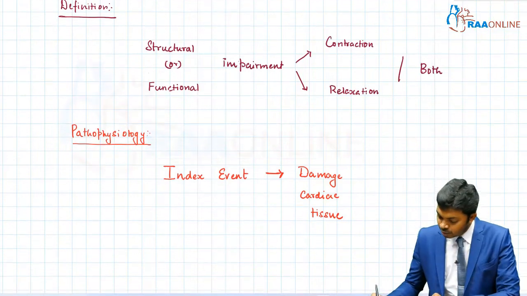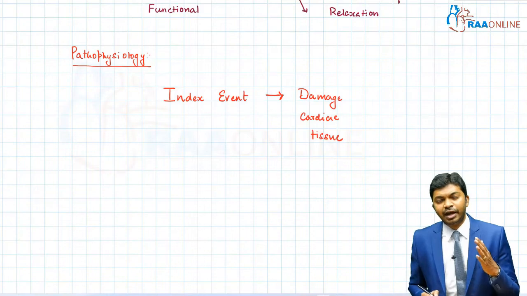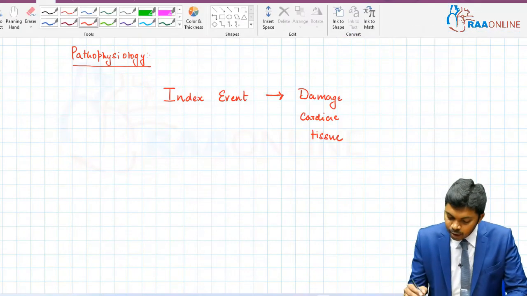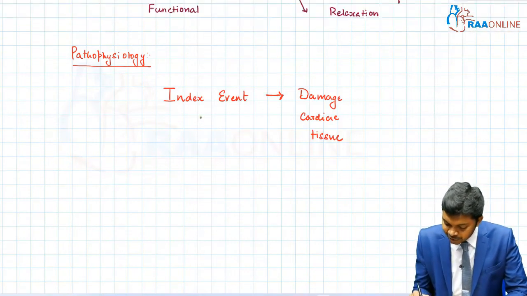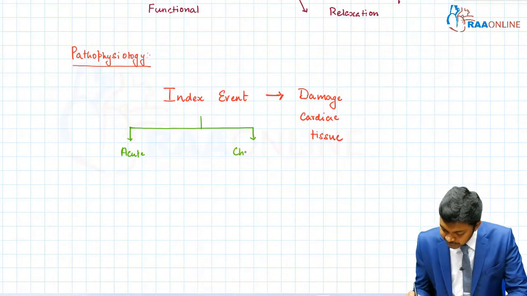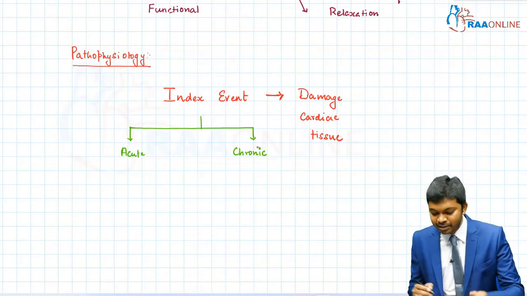Alright. Now, what is the index event? Any event that attempts to disrupt cardiac architecture or function is called an index event. We can categorize index events into two broad divisions. There can be an acute index event or a chronic index event. What are the acute index events that try to damage the heart?